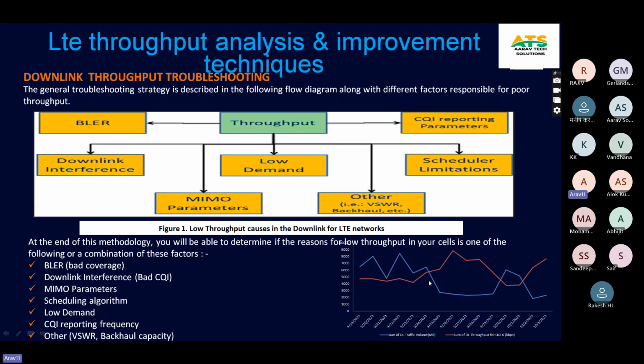But once your traffic has reduced, your throughput has jumped. That means you can correlate that higher traffic is the reason your throughput is less. In this way, you have to analyze that. We are sharing the slide for that, so you can keep it for reference.